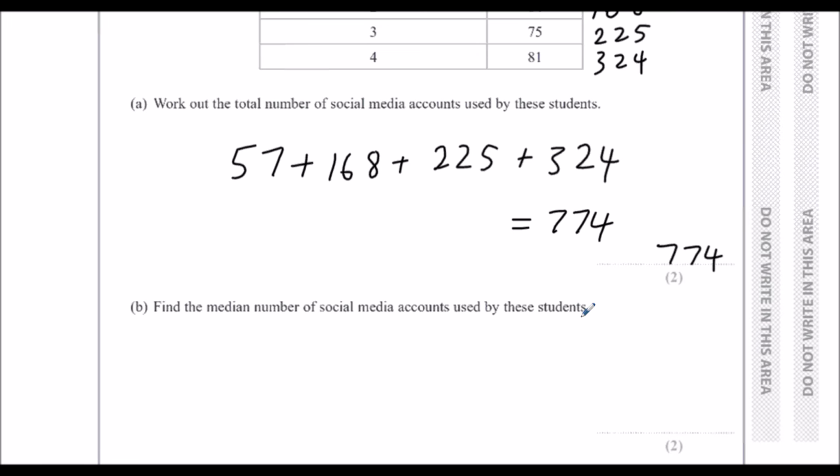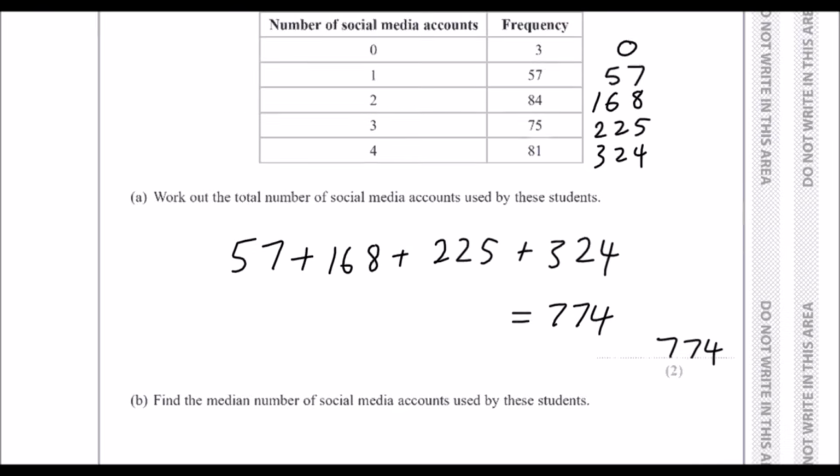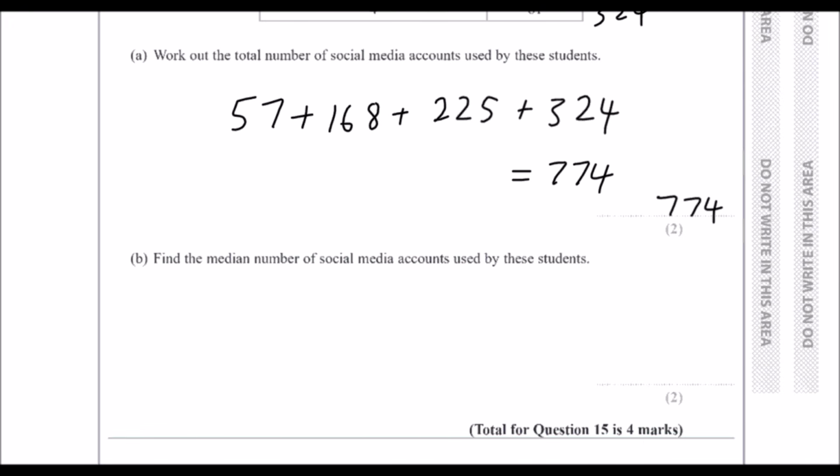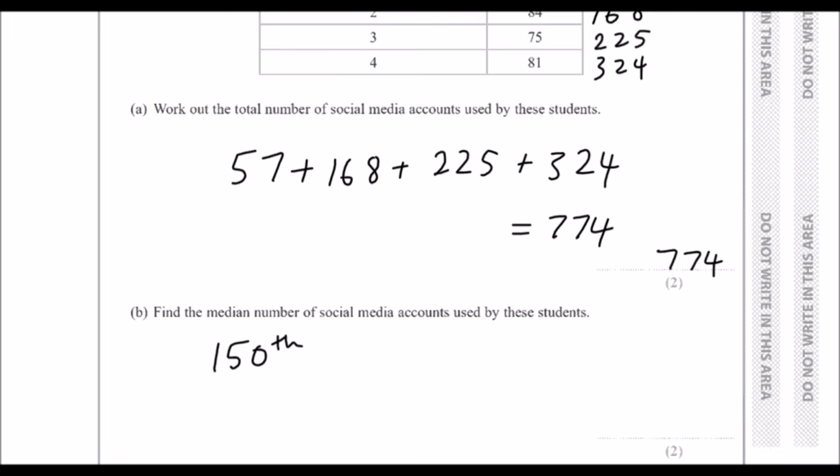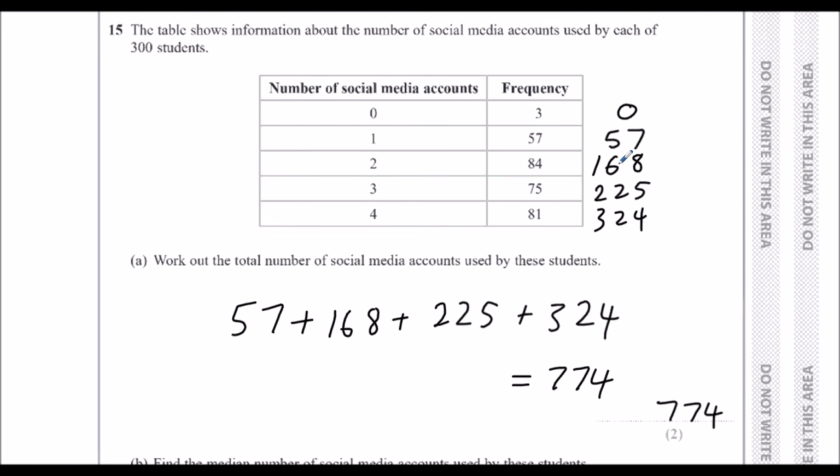Find the median number of social media accounts used by these students. So we were told there were 300 students. So we want to put them all in a line and see how many social media accounts the person in the middle has got. So 150th person. So 3 and 57 makes 60.